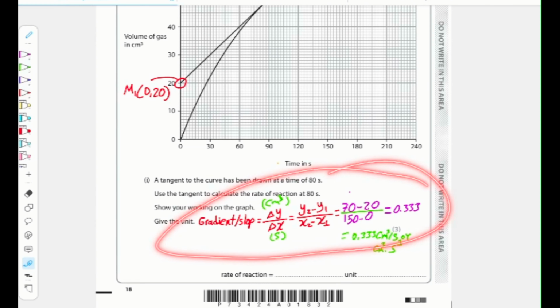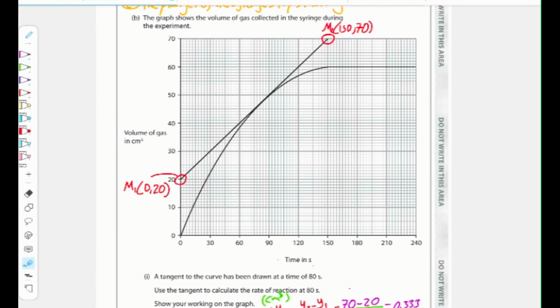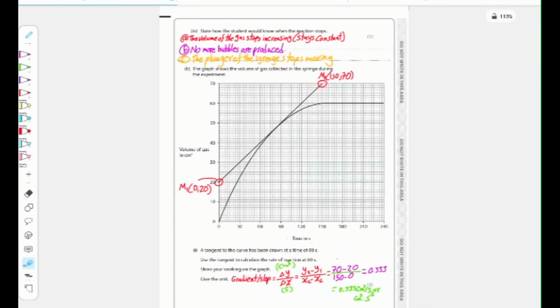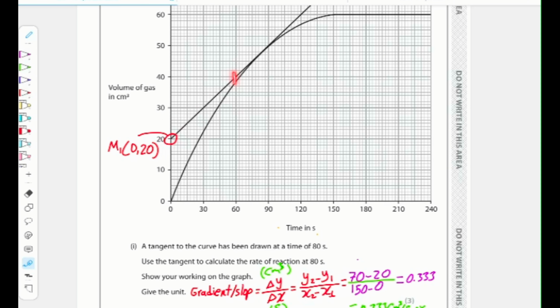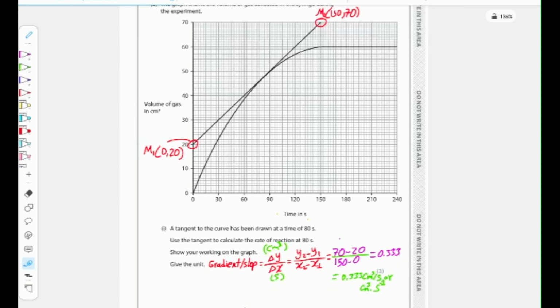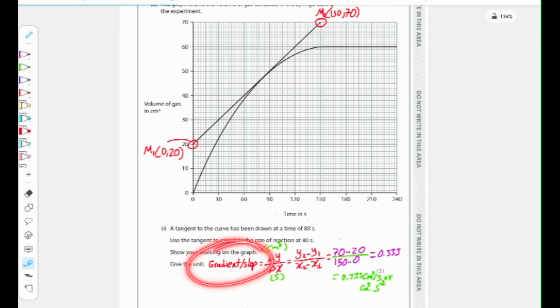Generally, my friends, you can take, for example, a point here and a point here. You will have the same answers, as long as the first one is 0. At the end of the day, the gradient or the slope is going to be constant from the beginning till the end of this line.